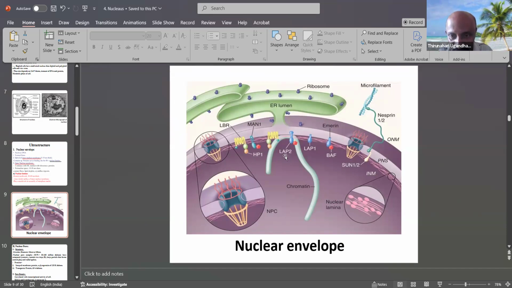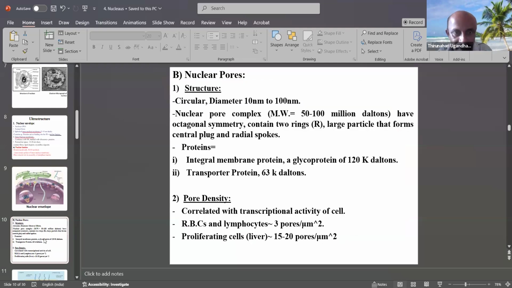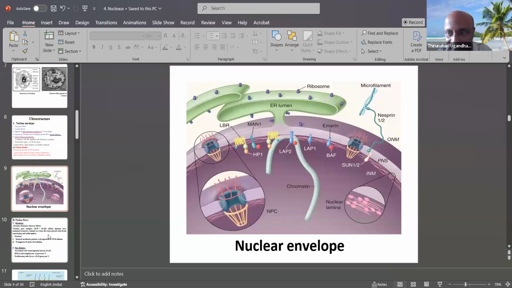There are also tubules or microtubules, and these are microfilaments. This is the nuclear envelope, meaning the outer layer covering the nucleus. This total part is called the nuclear envelope.